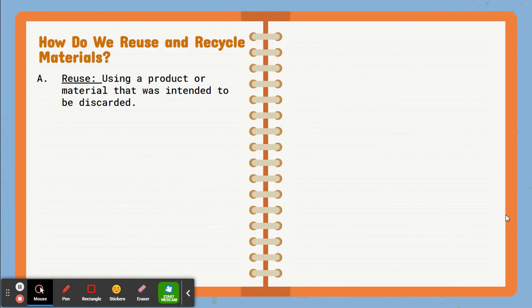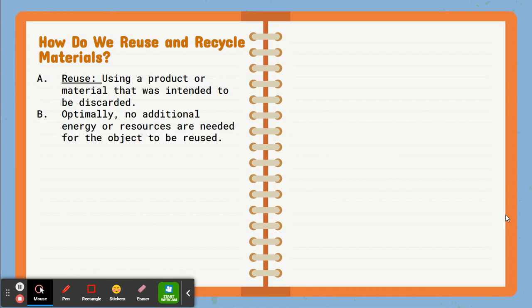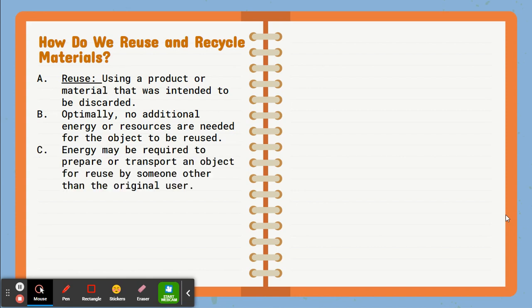Then looking at the second R, this is reuse. So now this is using a product, taking that material that was intended to be discarded and reusing it for another purpose. So there's really no additional energy that has to go into the making of this product, right? It just simply needs to be reused.